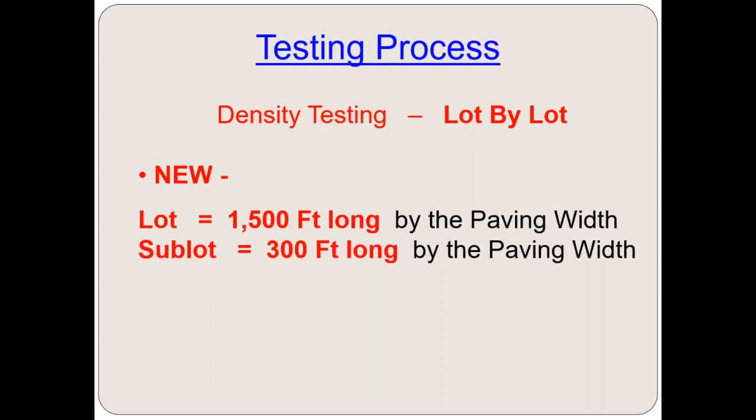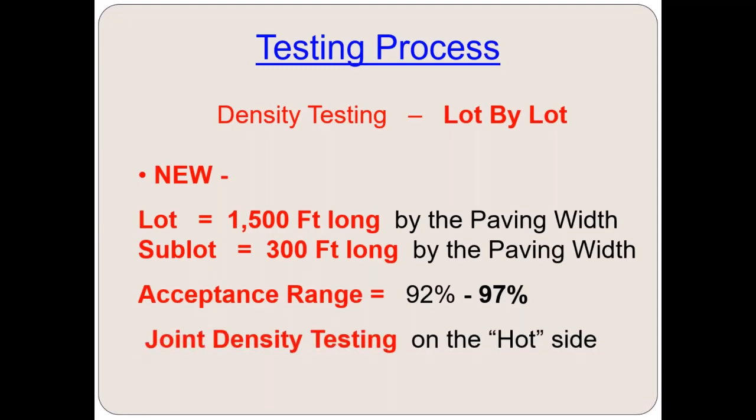And we're still going the full paving width as the width for the lanes. Our acceptance range is 92 to 97%. It's been increased a percent on the upper end. And we will be doing joint density testing on the hot side whenever we pave a 2-lane road.